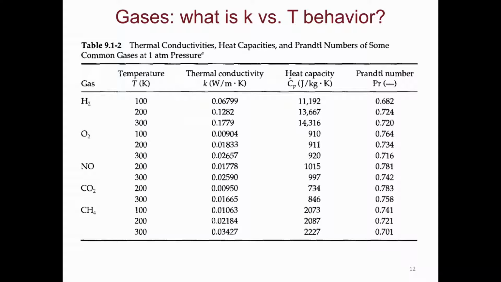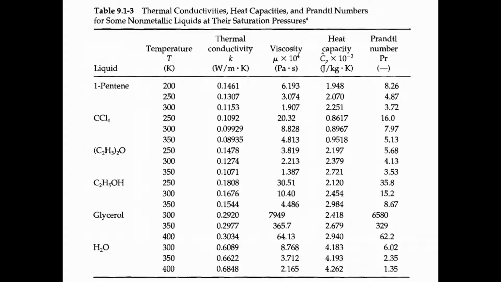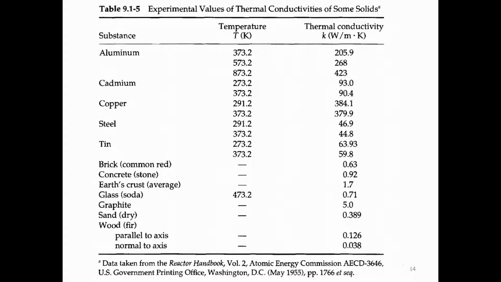But if I go to liquids, that might not be the case anymore. Some of the liquids will increase, but some will decrease, such as that pentane on top. So there is no precise rule, and therefore it's also going to be harder to get theories that back up this data.